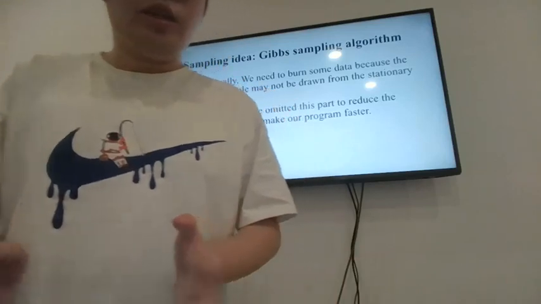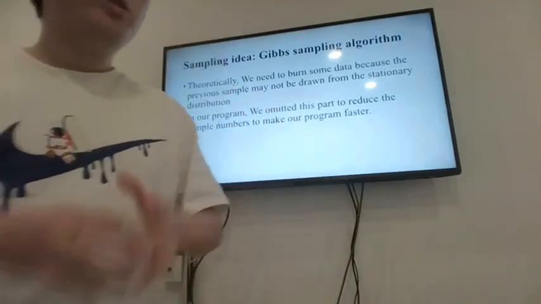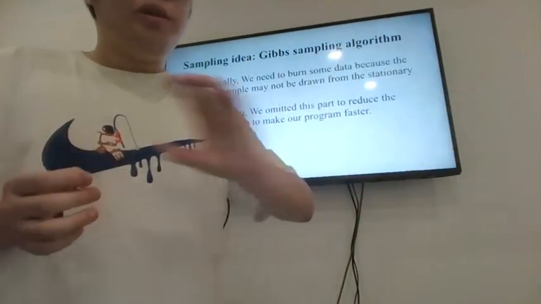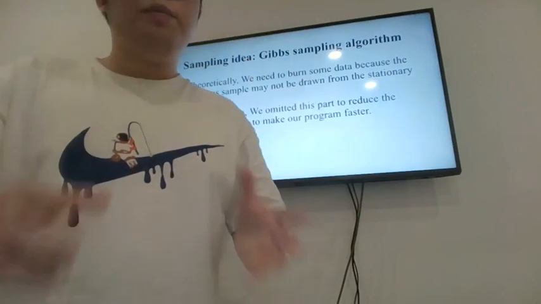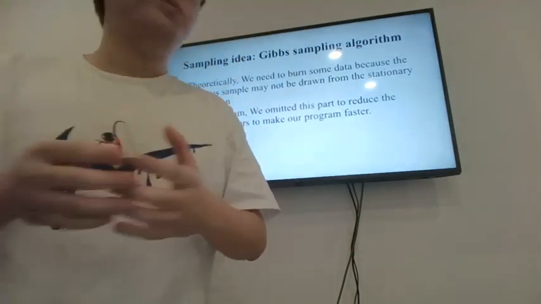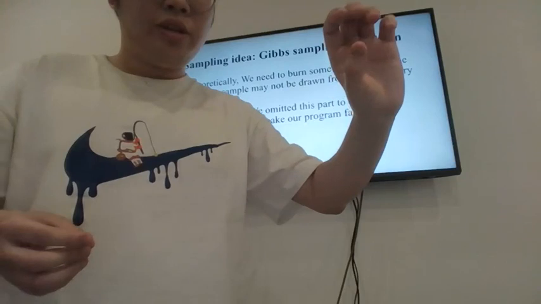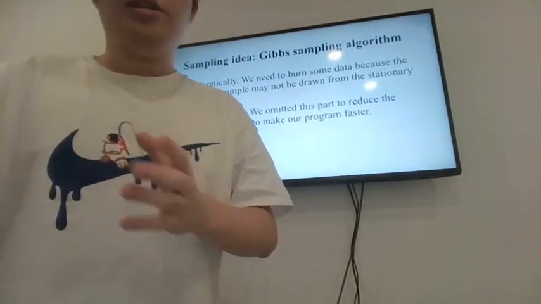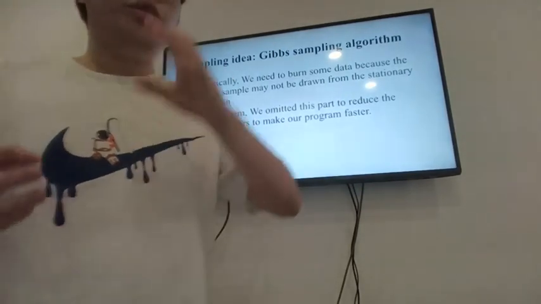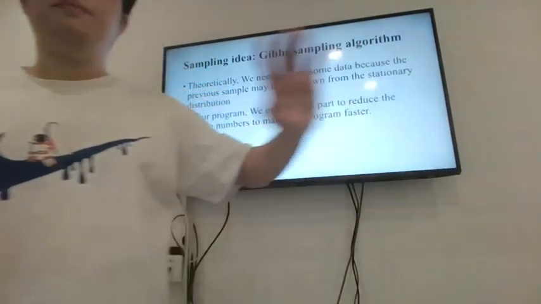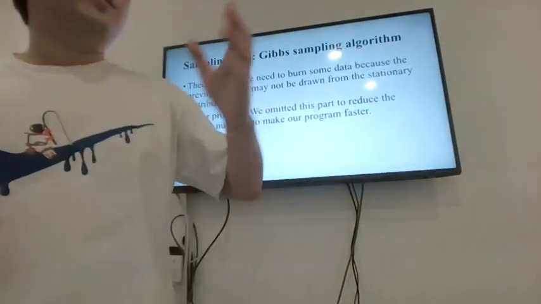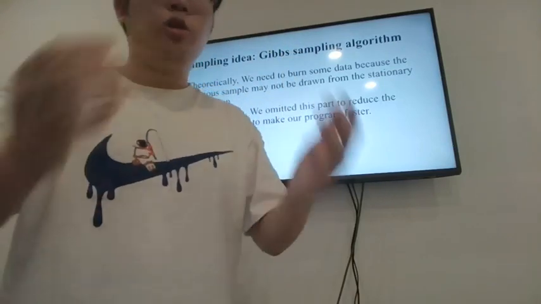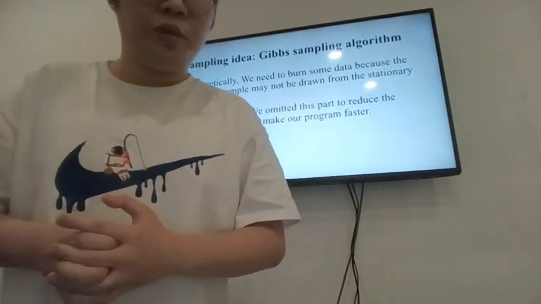The second point is that, theoretically, we need to burn some data because the previous samples on the Markov chain may not be drawn from the stationary distribution. As long as we draw enough samples on the Markov chain, we can guarantee that each sample is drawn from our posterior distribution.